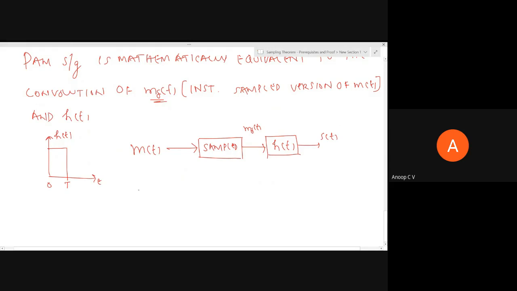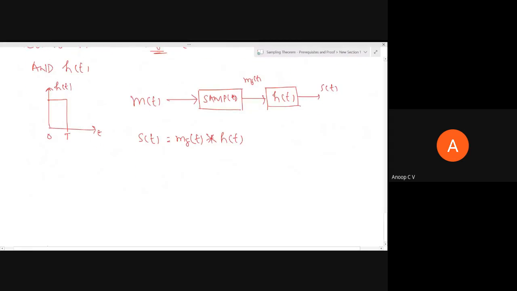So I can write s of t is equal to m delta of t convolved with h of t. If I take the Fourier transform of this, convolution in the time domain becomes multiplication in the frequency domain, so I'll get S of f is equal to M delta of f times H of f.